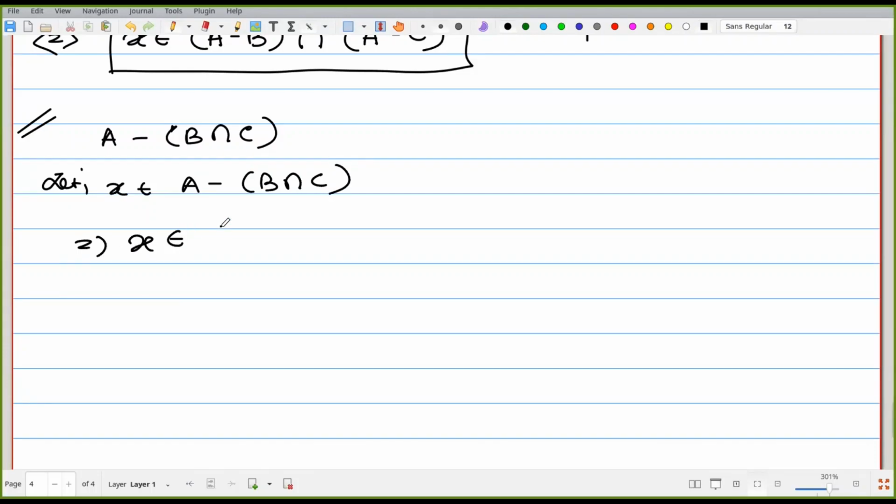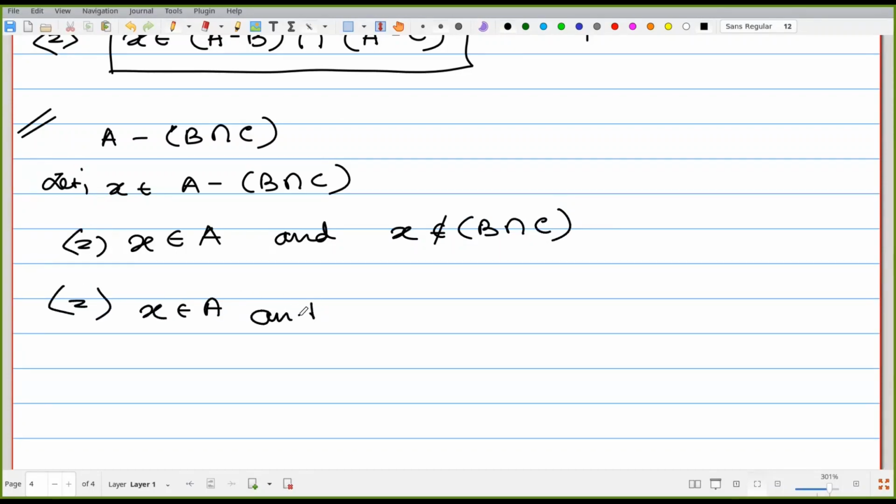So we can write x belongs to A and x does not belong to B intersection C. That implies x belongs to A and x does not belong to B, as not belongs to AND, so it must be OR, x does not belong to C.